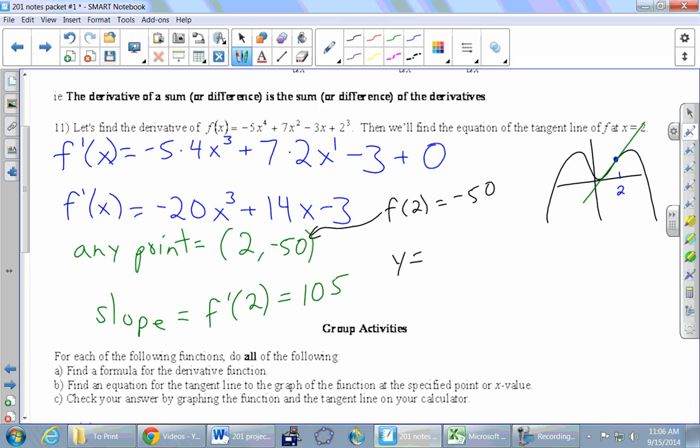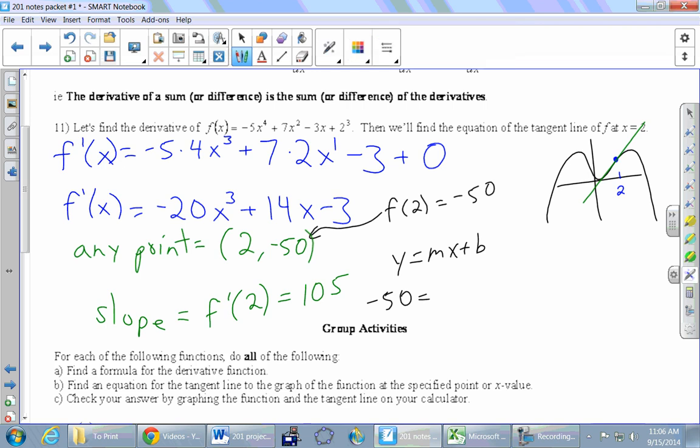So the equation of any line, well, there are a few different forms. I'm guessing most of you use the mx plus b form. So that's the one that we'll use here. What's the y coordinate? Negative 50 is the only y coordinate we have, right? What's the m? 105, that's the slope of 135.